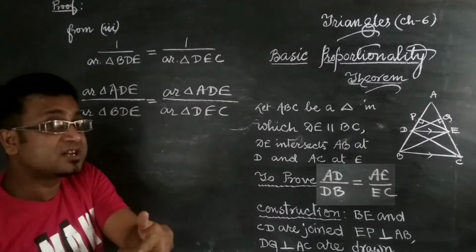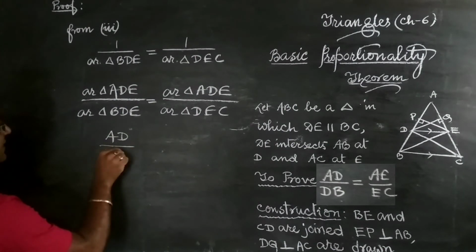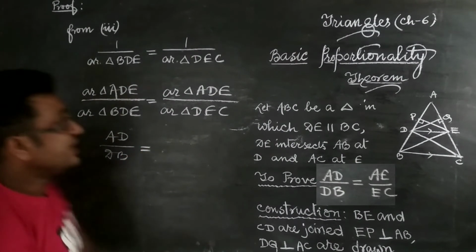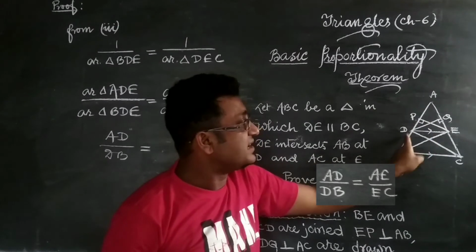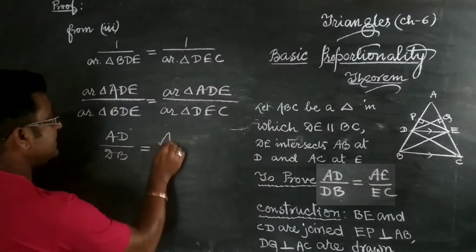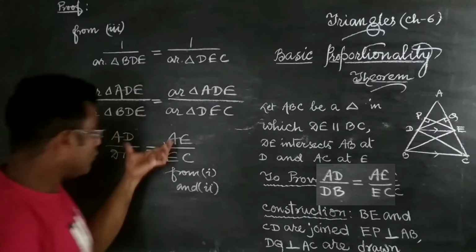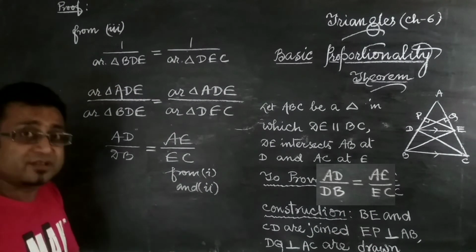Now see equation number 1: we got AD by DB equals area of ADE by area of BDE. See equation number 2: there we got AE by EC. So once we have proved it, that means your theorem is proved.